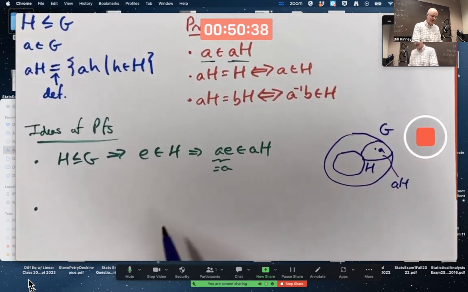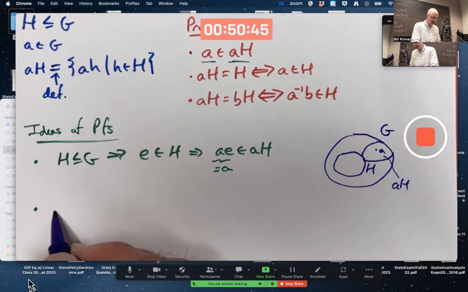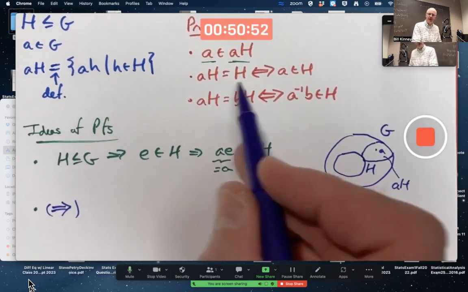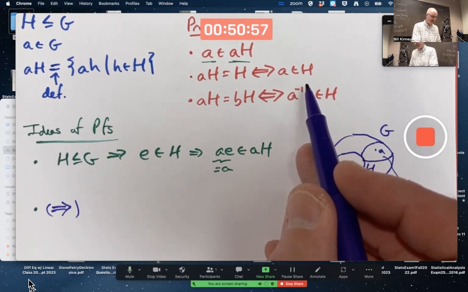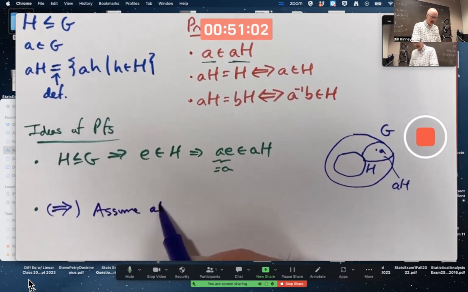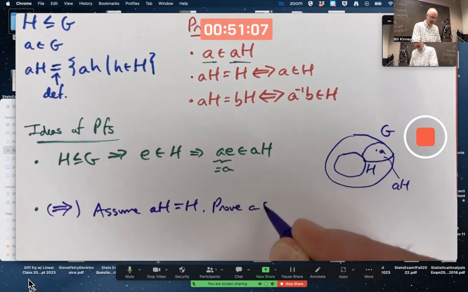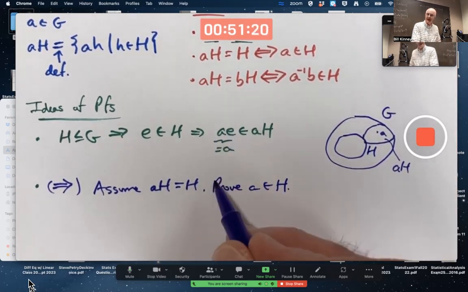Anyway, coming back to trying to think about proving this, which direction is easier? I think the direction that's easier is that direction. Assume the equality of these sets and prove that A is an element of H. Assume AH equals H. Prove A is an element of H. Maybe the fact that A equals A times E is useful again.